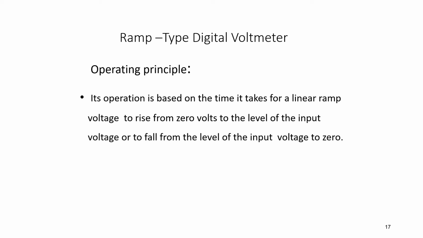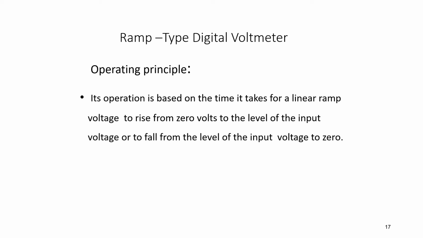So the display block may be analog or digital in nature. So if analog readout is required, a stage involving digital to analog converter can be included before the display.